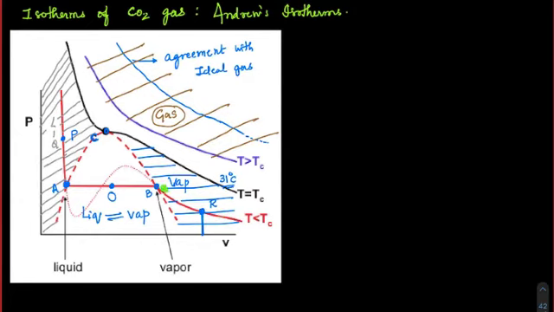From here this function should have gone like this, somewhere like this, but instead it has changed the route to this side, which means my real gas equation is most valid in this A to B situation, because this side it is almost an ideal gas only, because it is at a low pressure region.